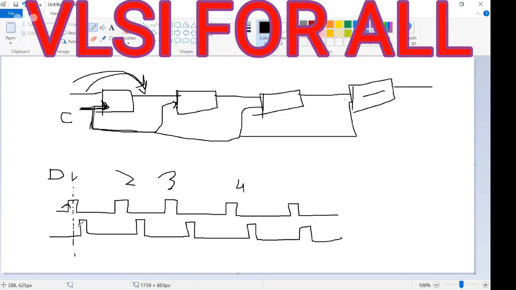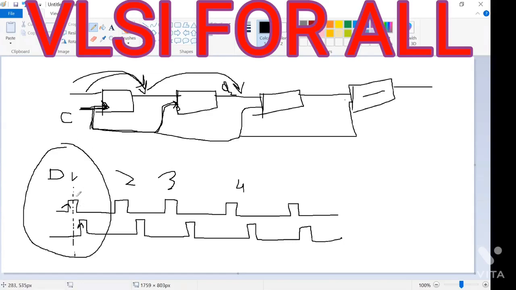Now in the first clock cycle only, this clock is seen by the second flip-flop. So in the first clock cycle only, this data will be resampled by this flip-flop and will be captured into Q2, because we are still in the first clock cycle. And this delay between this clock and this clock is due to this net delay.